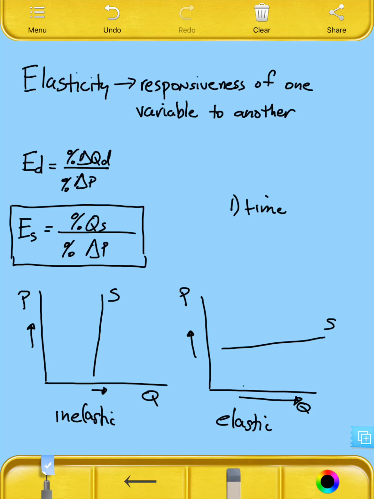And one way to think about that would be if the prices were to change suddenly, an industry may not have the capacity to build another factory right away and to produce more output. But over a longer period of time, supply becomes more elastic. And the second main criteria might be just the general flexibility of the seller to reposition resources in order to produce the supply that they're doing.